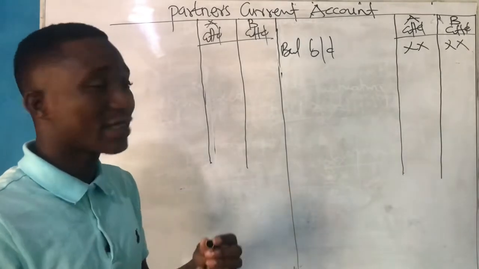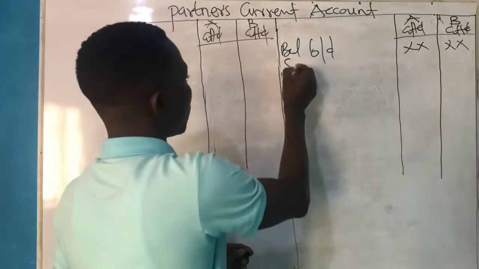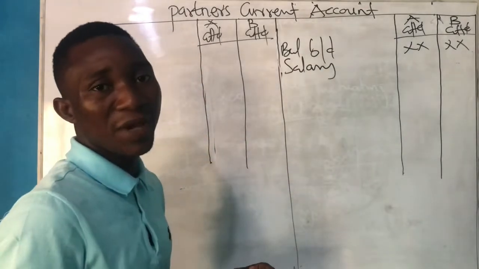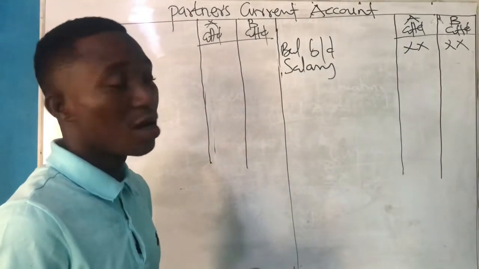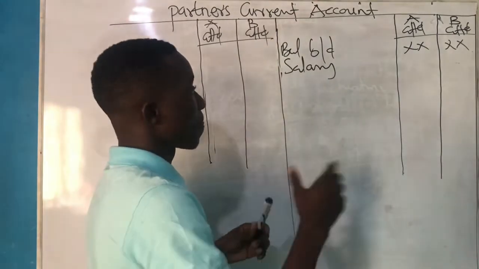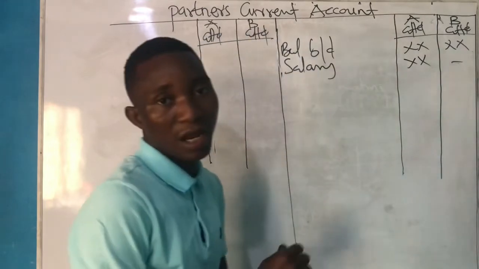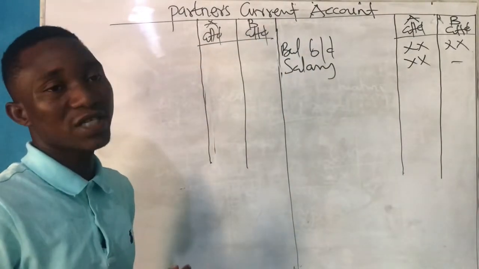So another entitlement I would like to talk about is salary. If the partnership business pays salary to any of the partners, it will be credited to the current account. So we assume that only partner A enjoys the salary, but both partners can also receive a salary.